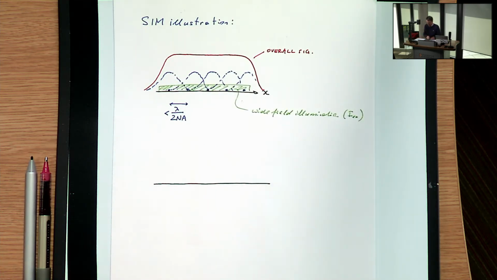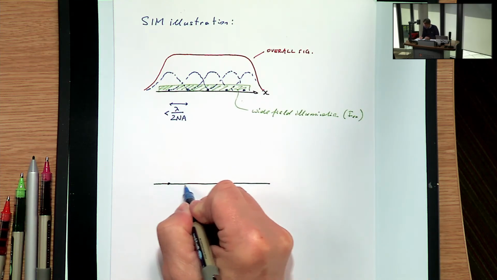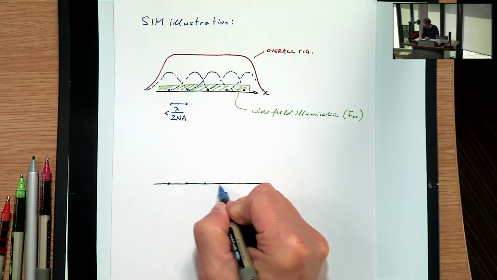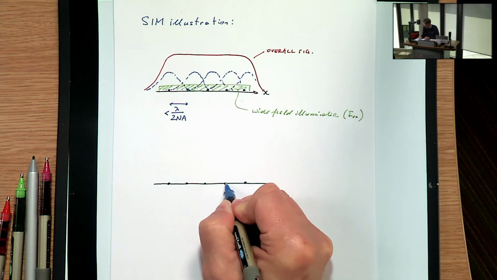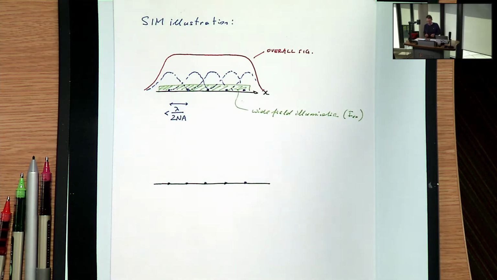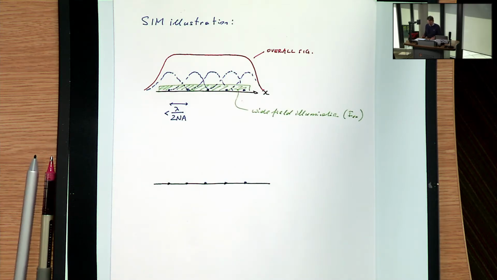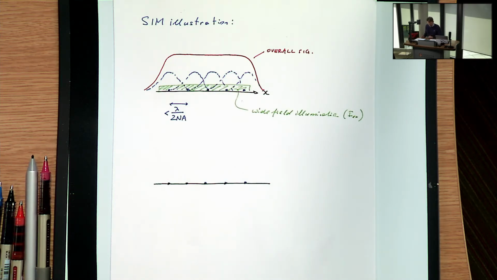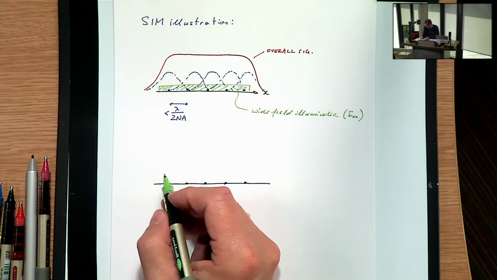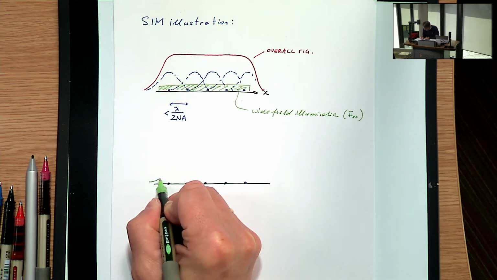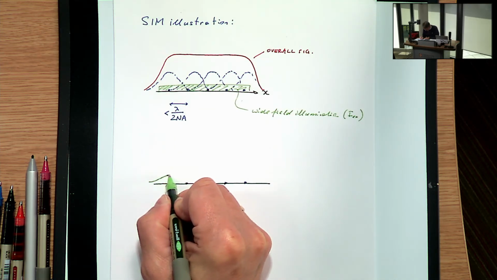Let's take the same sample. Let's do this, like so. And now let's illuminate this with a pattern, and let's make that pattern perhaps something like that.